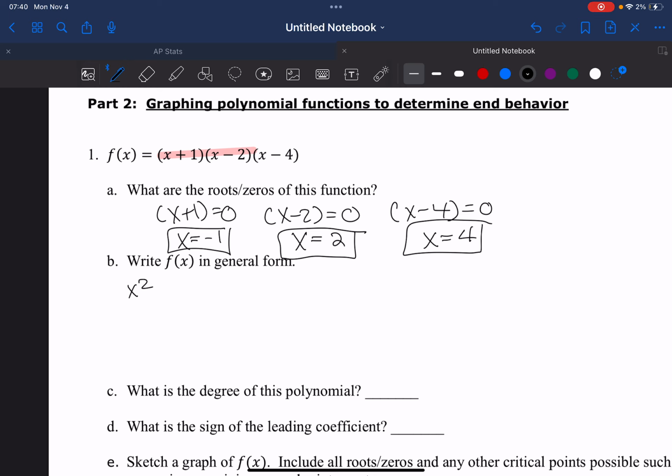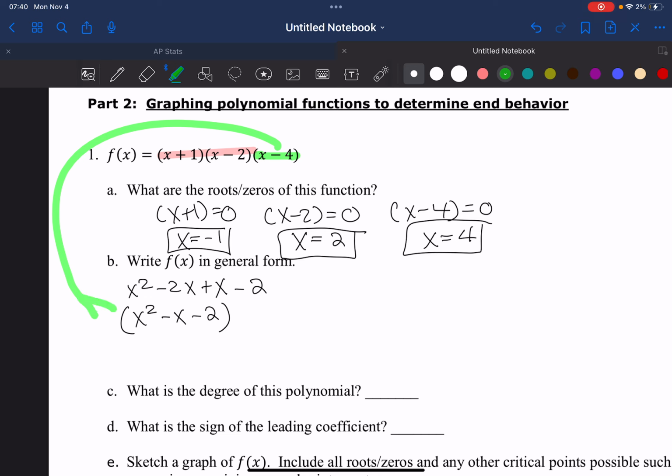So I have x squared minus 2x plus x minus 2, which simplifies to x squared minus x minus 2. And then I'm going to bring down the other parenthesis and write it next to it, so x minus 4. And then I'm going to FOIL, but I have 3 terms, so I have to make sure I FOIL all 3 terms.